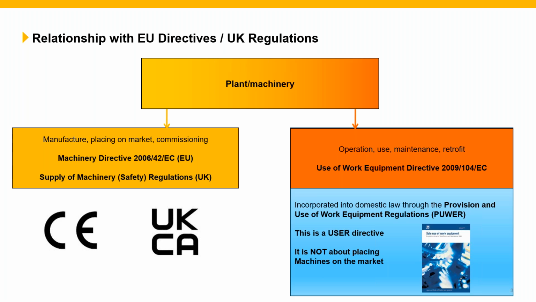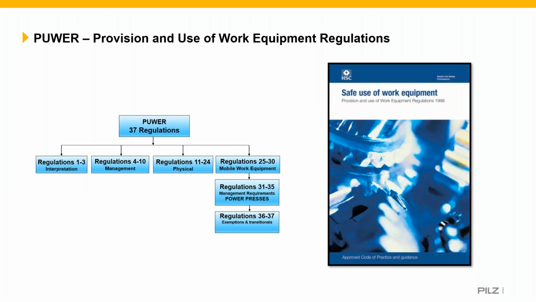Basically, it's a set of regulations that you need to comply with to ensure that the equipment that you have is safe for use in the working environment. There are 37 in total, and they're split into modules or chunks. You'll see on the right-hand side of the screen there is an approved code of practice, known as L22, which is a great resource that will give you a lot of information and guidance on the particular regulations as well.